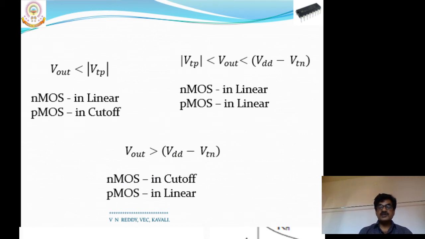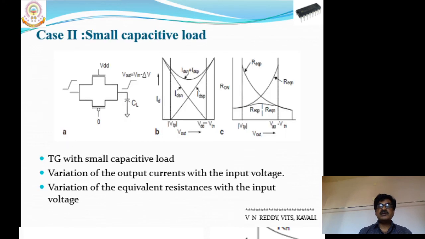So with the output greater than VDD minus VTN, the NMOS transistor comes to cutoff. Therefore, its current becomes 0. This is the IDSN current. It slowly comes to 0, whereas the PMOS transistor current slowly increases to the maximum value like this. And the equivalent current with reference to the transmission gate is like this.